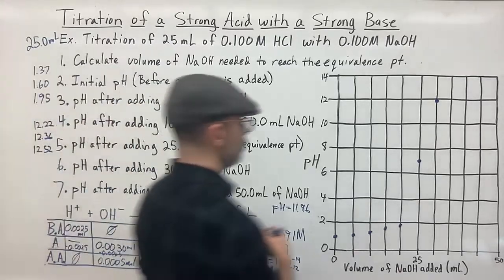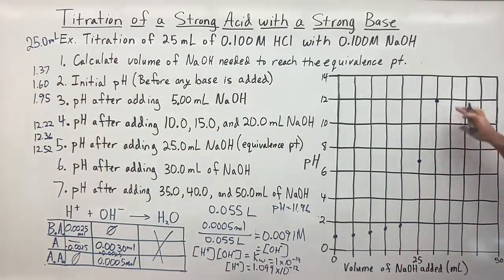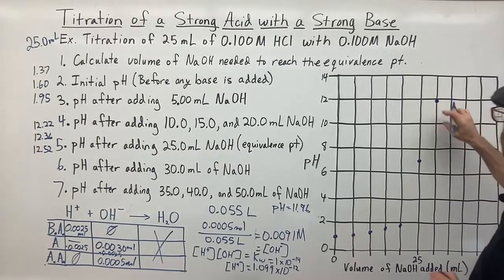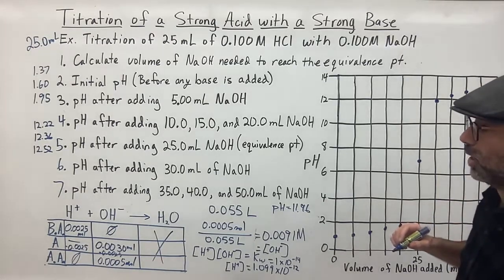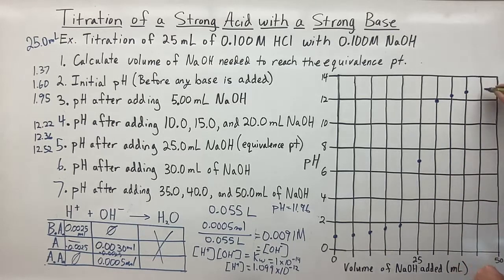So for those, we can add in our points here. So 12.22, that's going to be maybe about there. And then for 12.36, maybe it's about there. And for 12.52, we're about here.